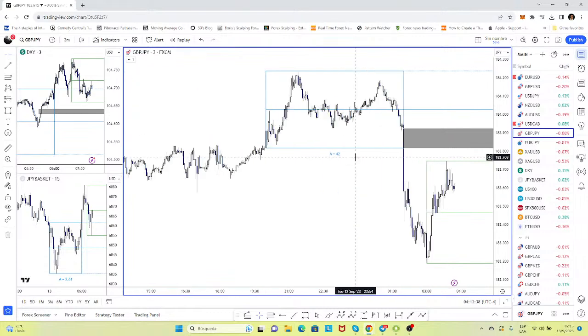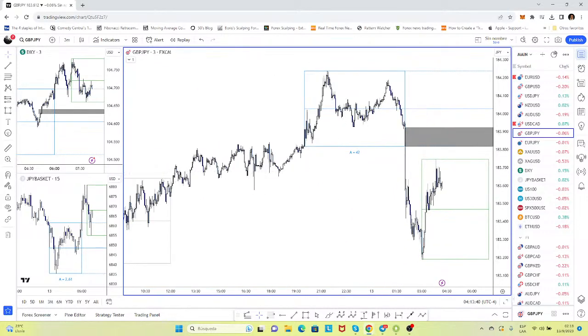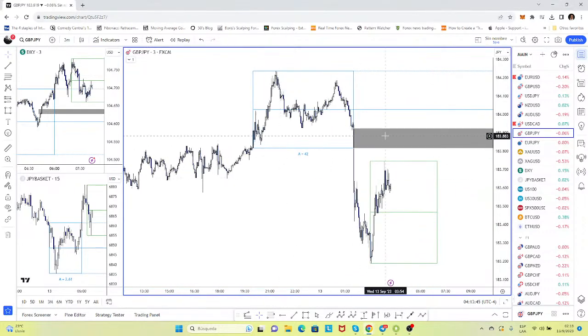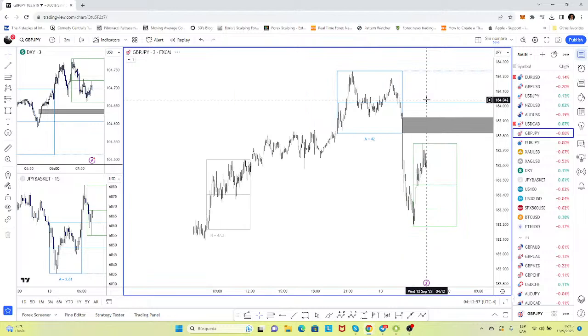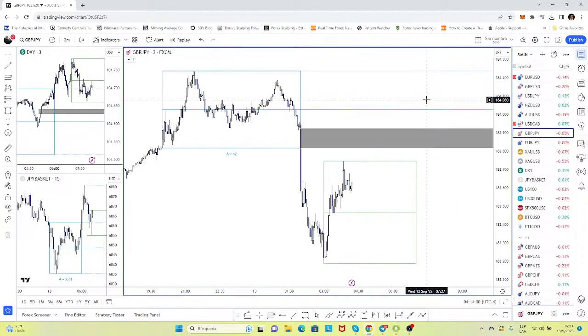So where should my stop losses be placed if I were to look for shorts here? There's no structured high, no protected structure high or a strong high that I could place my stop losses at. So even though inefficiency wise this is a very, very good setup, market structure wise, it is not for me.